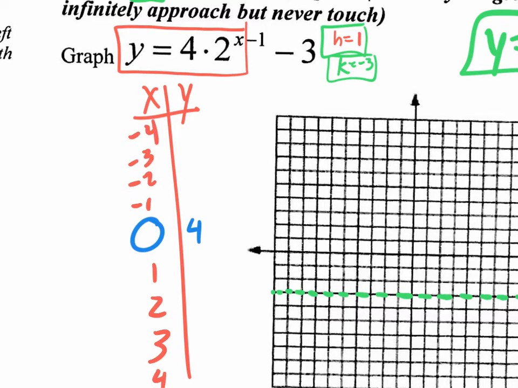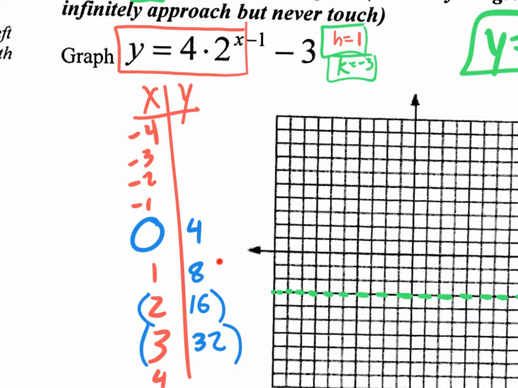When you have consecutive integer inputs, you could now use the growth factor to grow from one output to the next. So what's this next output going to be based on this growth factor of 2? 8, that's right. So 8 and then 16 and then 32. Now these are pointless because you're not even going to use these guys. Those are already off the graph, right? But it's still good to do because you know it's growing by 2.